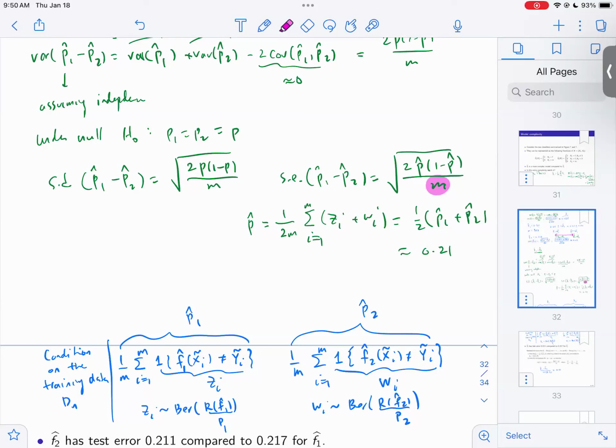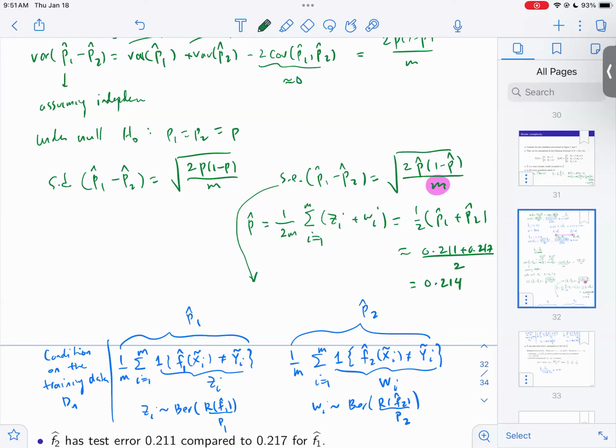So you plug this in, and the standard error would be the square root of 2 times roughly 0.211 plus 0.217 divided by 2, which is about 0.214.